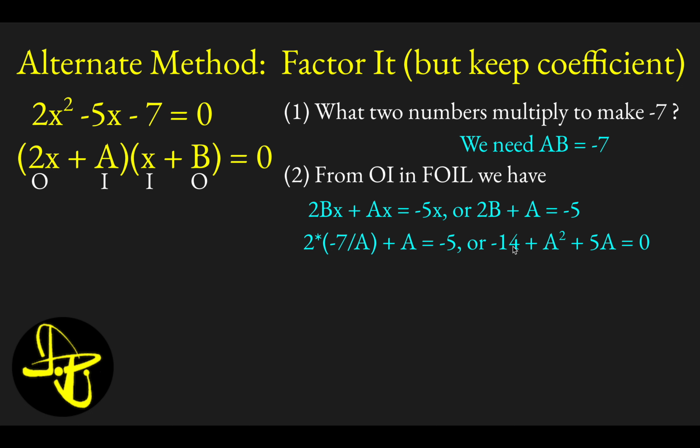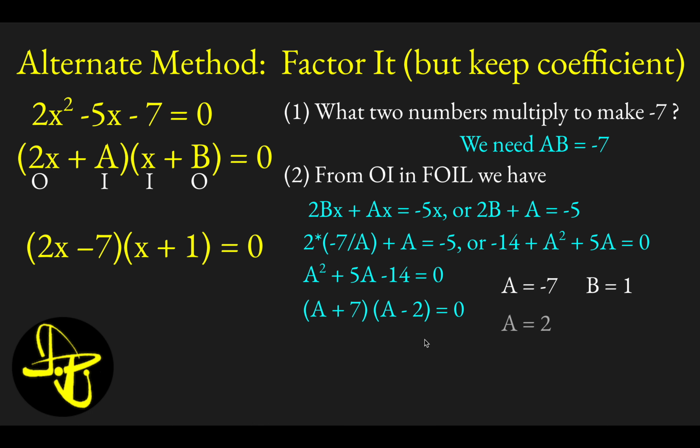If it's -7, using a times b equals -7, you can see that b is going to be 1 in that case. So it would factor in this way, where the a is -7 and the b is +1. And that's a properly factored version of this expression. The other option, though, is a is +2.